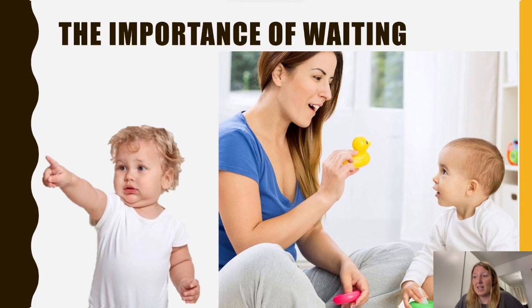For example, in this case, this baby is pointing at this duck because he's asking for it, and automatically all the family members around are giving him the duck. He's doing right, he's pointing, he's doing what he can do, but he's not waiting for it.